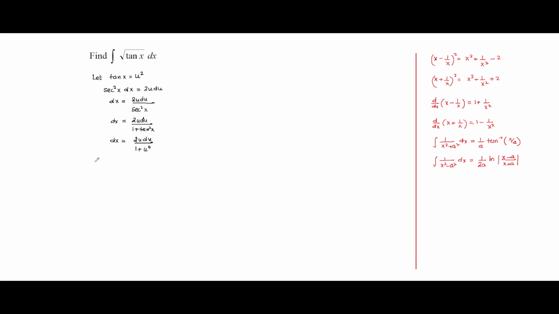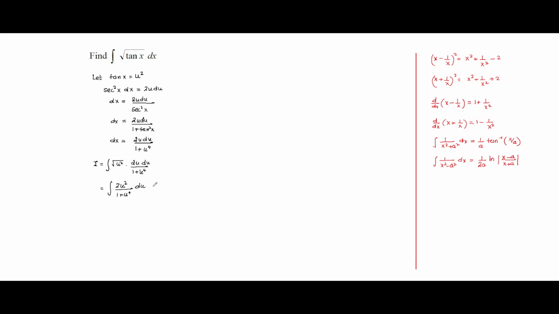Now we shall go in for our substitution. So now our integration I becomes integral square root of tan x, which means square root of u squared, and in place of dx we write 2u du over 1 plus u to the power 4. Now square root of u square is u, times 2u gives us 2u squared over 1 plus u to the power 4 du.